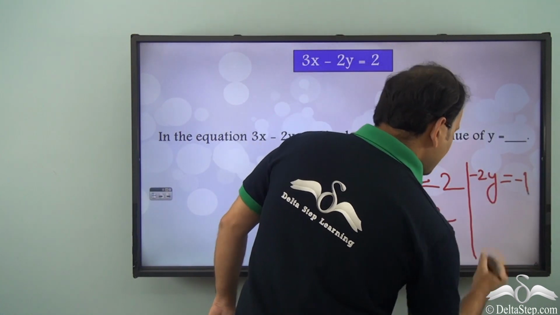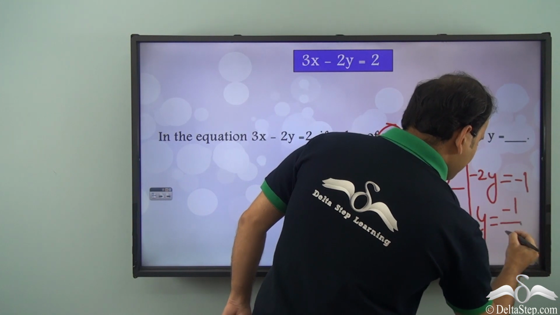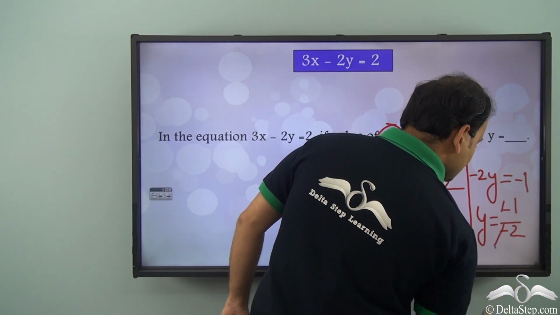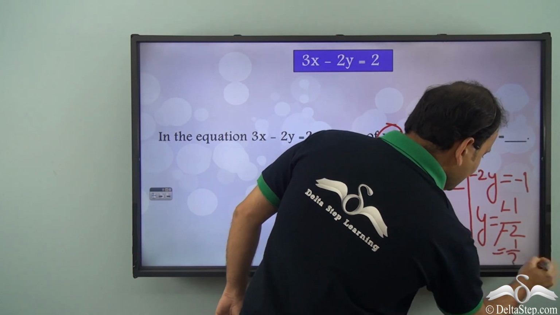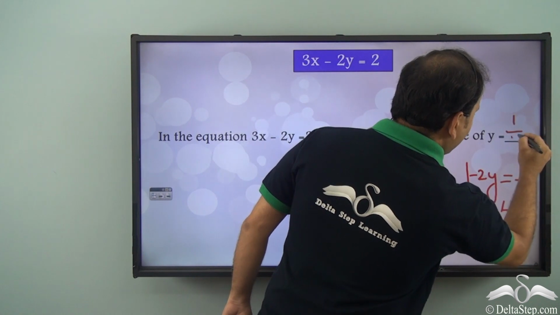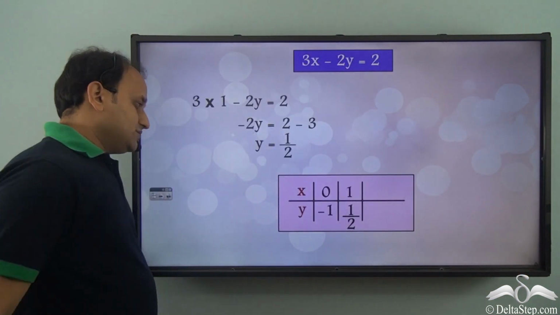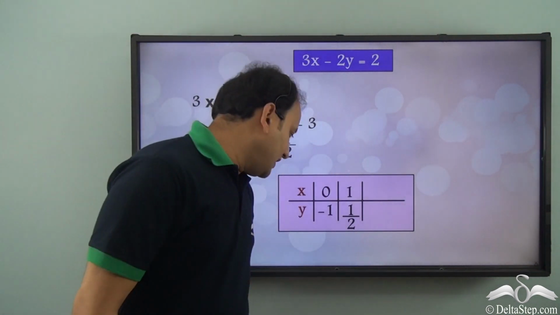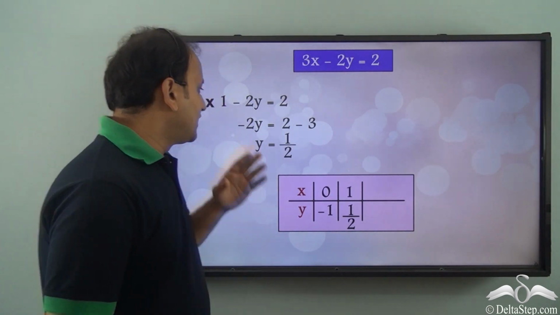Minus 2 will go down here, so y is equal to minus 1 by minus 2. This will get cancelled and we'll have the answer as 1 by 2. So if we take x as 1, then y will be 1 by 2, isn't it?